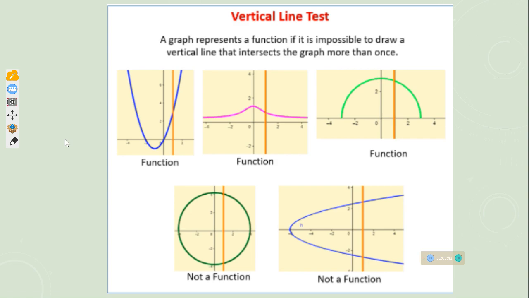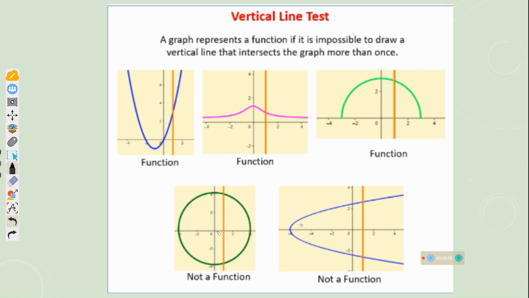Okay, so the vertical line test I mentioned earlier. A graph represents a function, not necessarily a linear function, because you can see by the pictures none of these are linear. But are they functions, yes or no? A graph represents a function if it is impossible to draw a vertical line that intersects the graph in more than one place at a time. So we have this blue figure here.